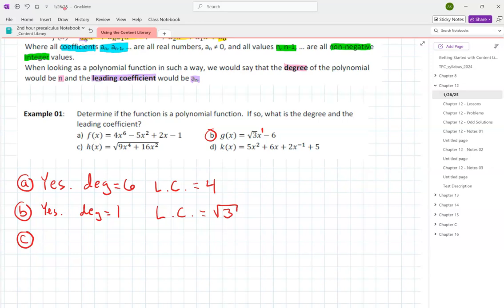What's going on in C that's not present in A or B? Yeah, so the square root extends over the variables, right? Notice in B, the square root only extends over a number. In part C, the square root extends over variables. No longer a polynomial because of that.